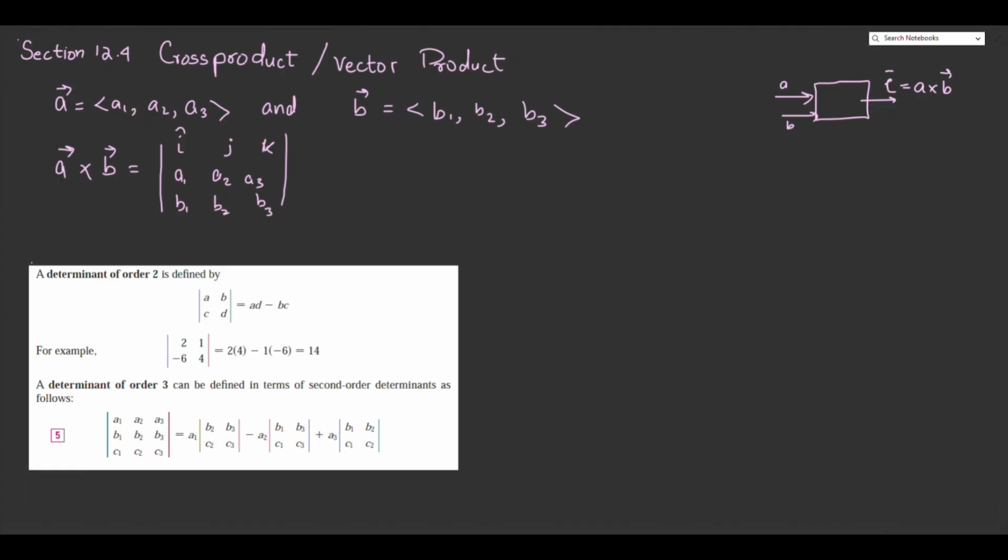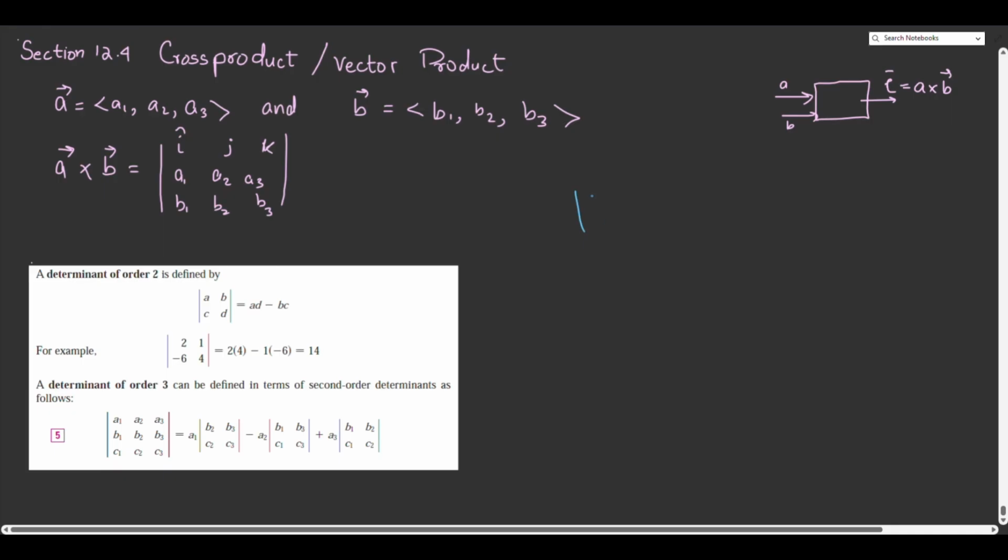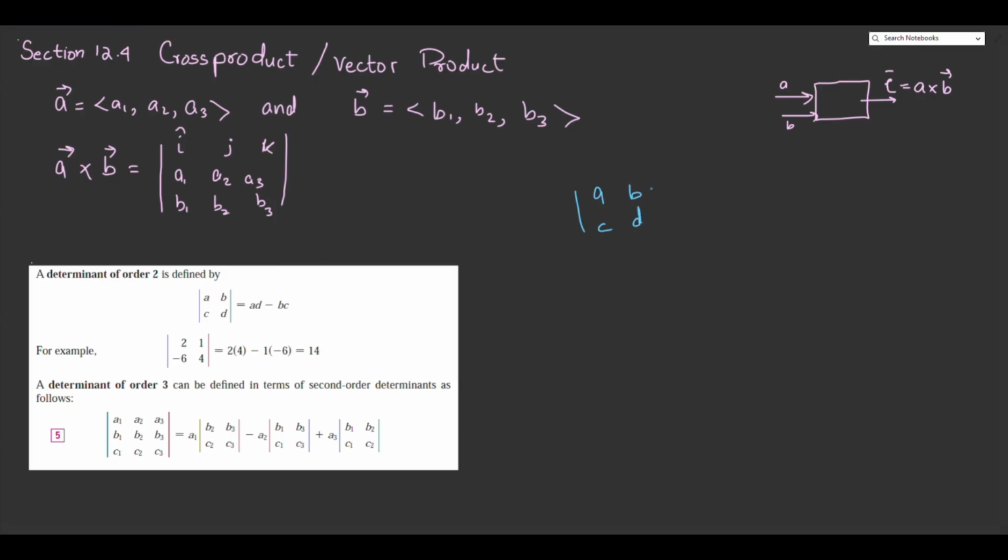So this is the explanation. First of all, suppose we have a 2 by 2 determinant with entries a, b, c and d. How do we expand this? It is a multiplied with d, minus b multiplied with c.